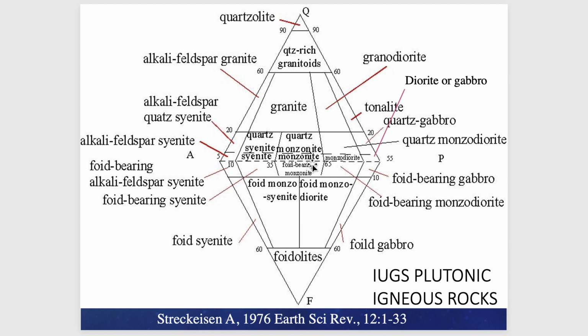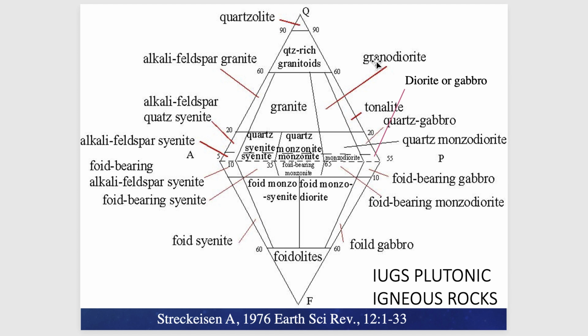And particularly important is this 65% mark. So if you have more than 65% plagioclase, well, that's the case in which you call it a granodiorite. So if you see very little quartz in a granite, most likely it's either a tonalite or a granodiorite.